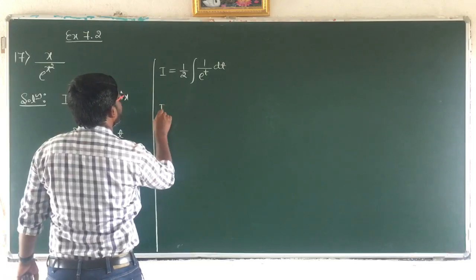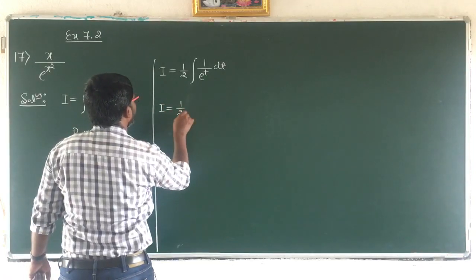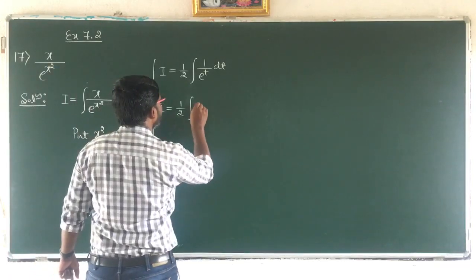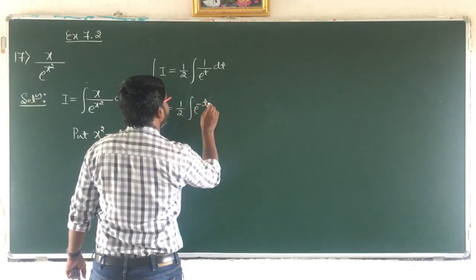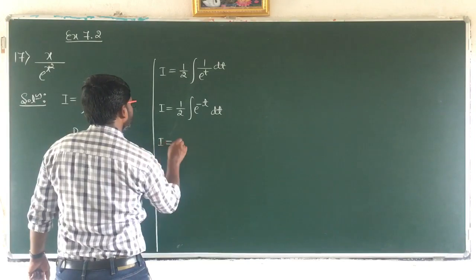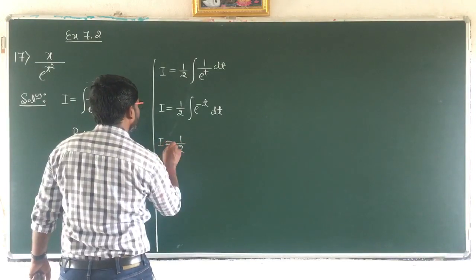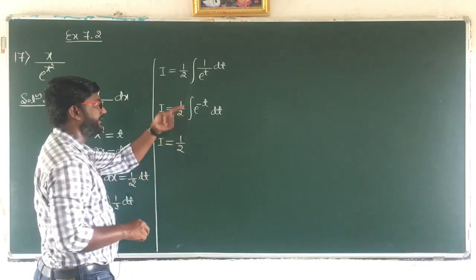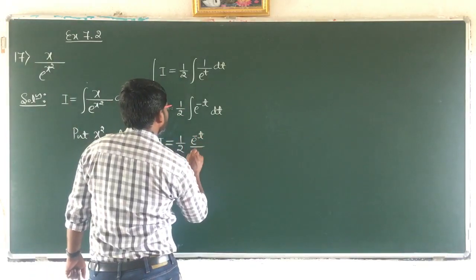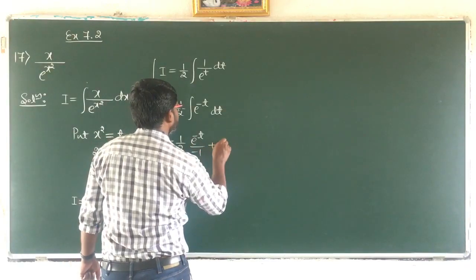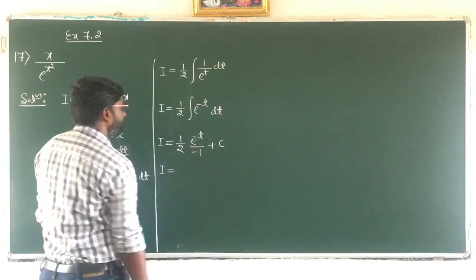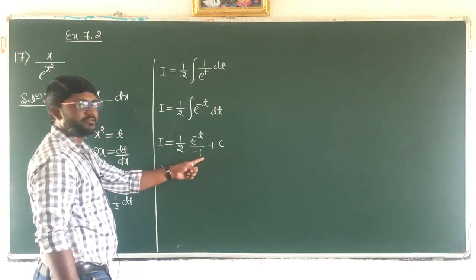So now I is equal to 1 by 2, take e raised to t to the numerator, it becomes e to the power minus t dt. So now I is equal to 1 by 2 integral of e raised to minus t, it is e raised to minus t divided by minus 1 plus c. So see here 2 into minus 1, it is minus 2.